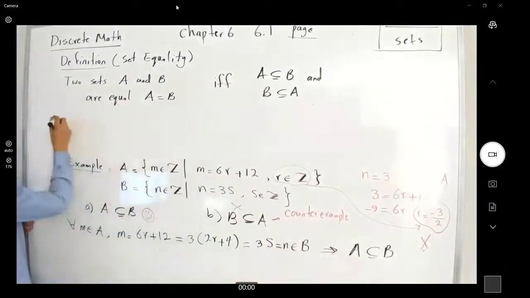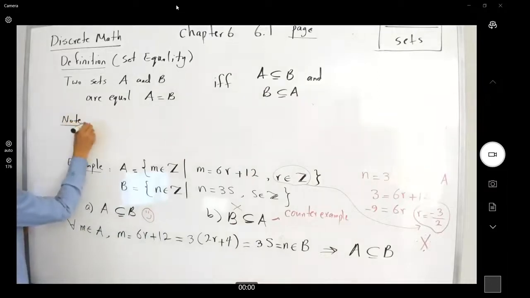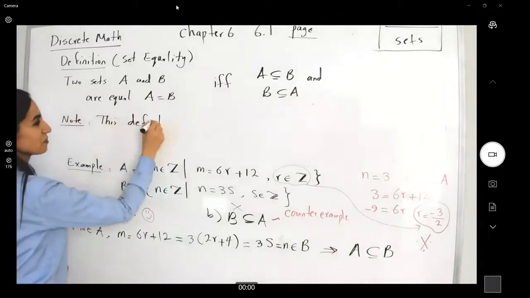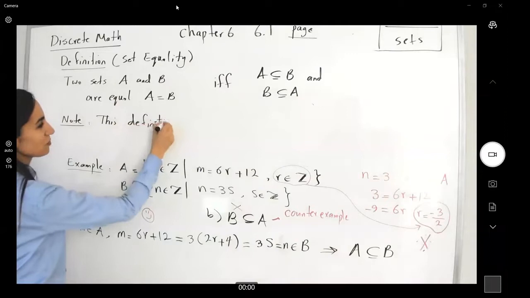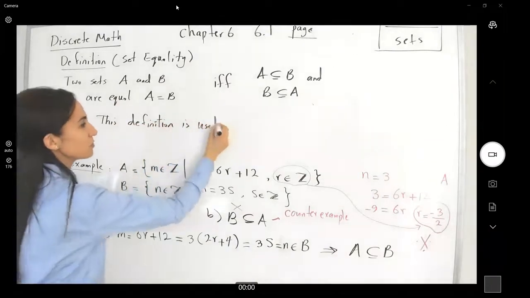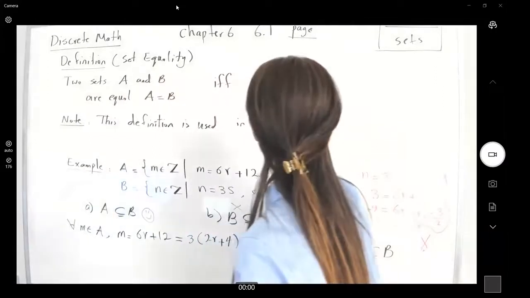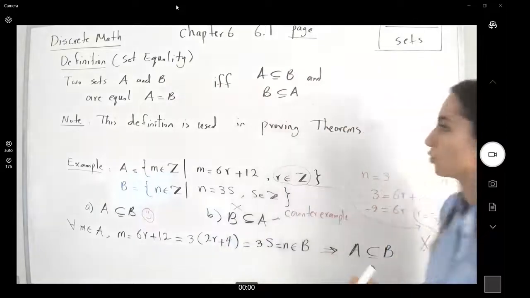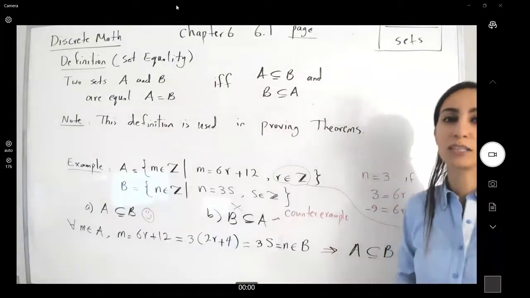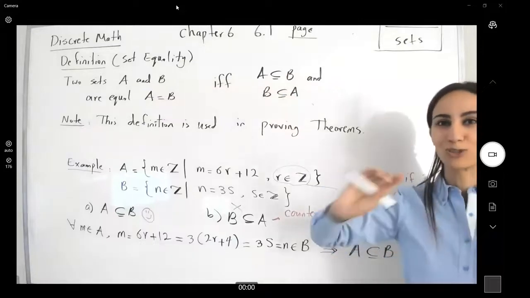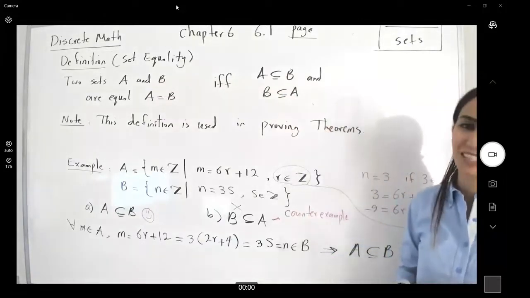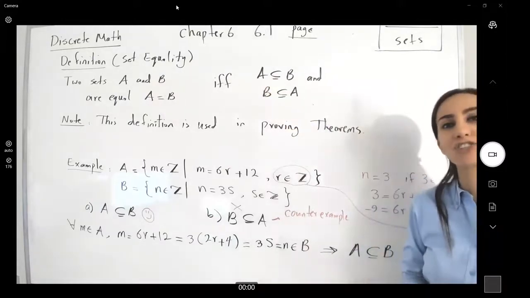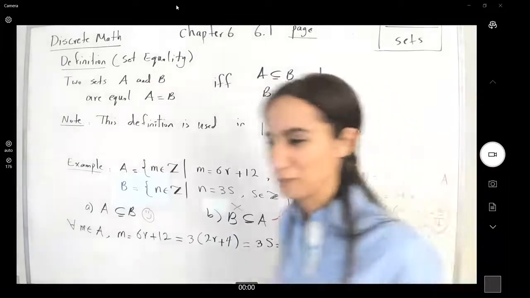So note for you, this definition is used in proving theorems. When you try to prove a theorem about equality between two sets, and we try to use the very first method that was direct proof, proof by definition, this is the definition that you need to apply.